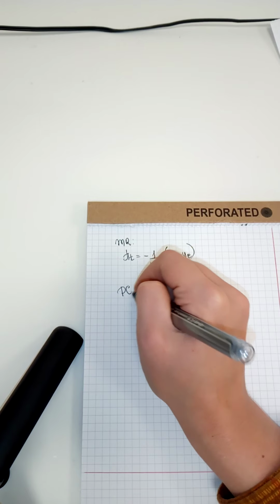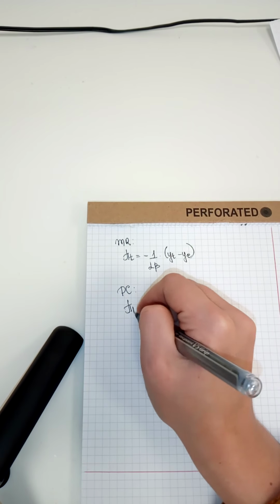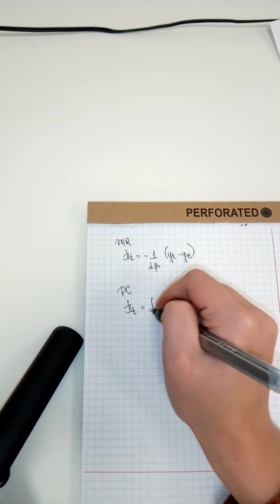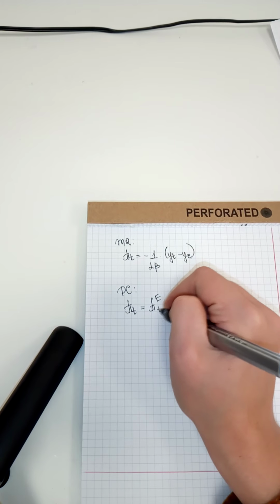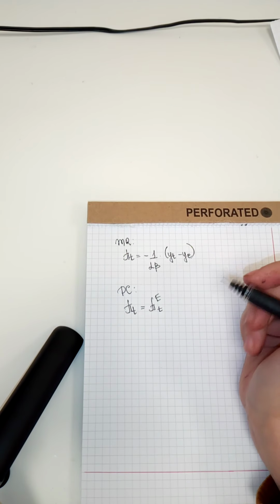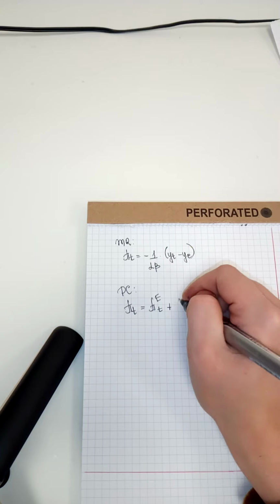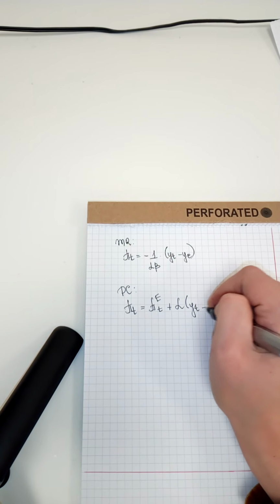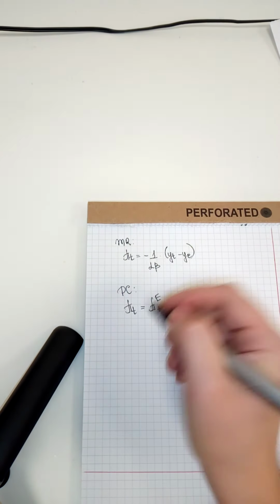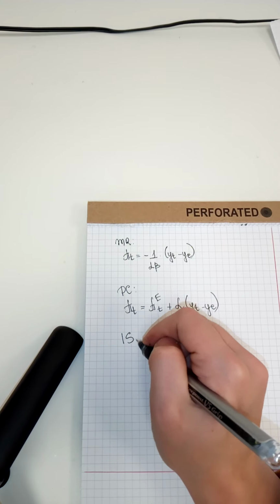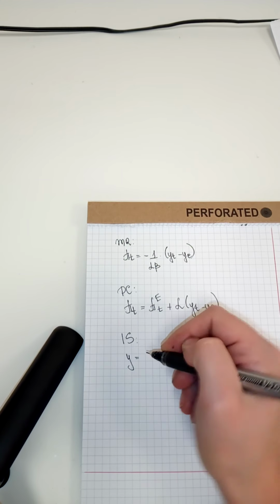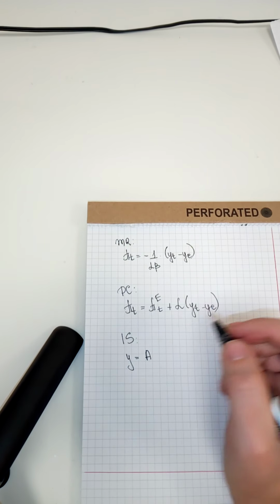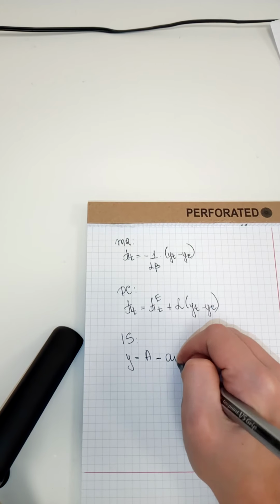For the Phillips curve, we have the level of inflation in period t equal to the expected rate of inflation in the respective period plus alpha times the output gap.